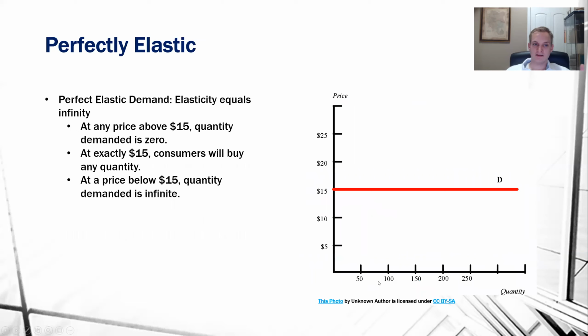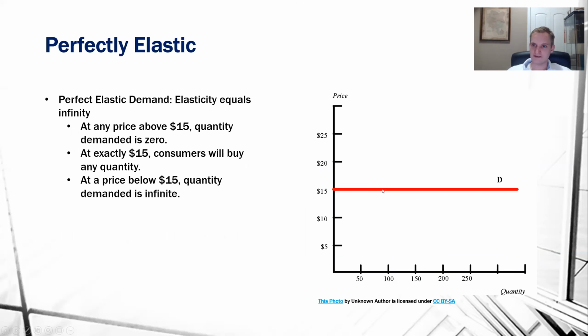Perfectly elastic, this is going to really be unrealistic and more theoretical, and really aligns well with what you might have already learned about perfectly competitive markets. A perfectly elastic demand curve is perfectly horizontal, so perfectly flat.